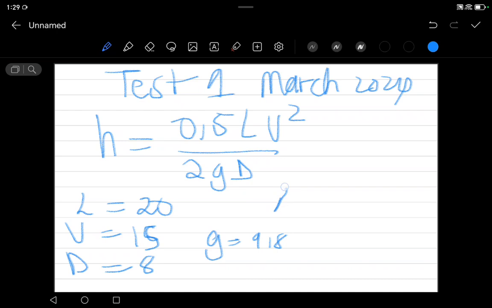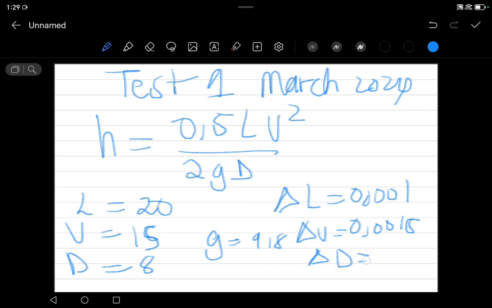We're also given the change in L as 0.0001, change in V as 0.0015, and change in D as 0.01.